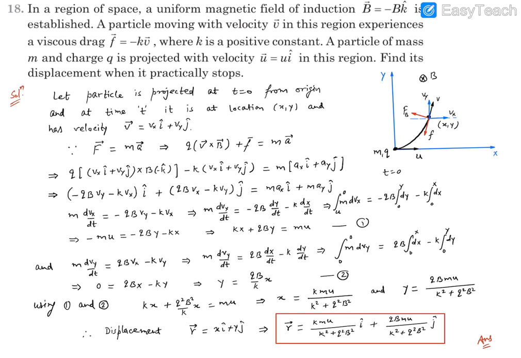And let's say the particle starts at t equal to 0 from the origin. It will help us to measure the displacement. Let's say at any time t, it is located at coordinate x, y. So its displacement will be the square root of x square plus y square.